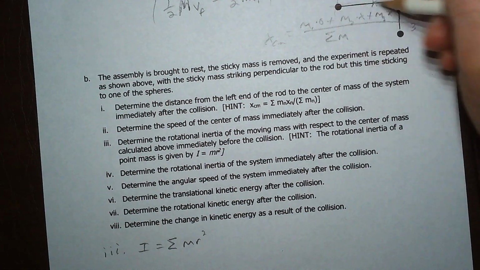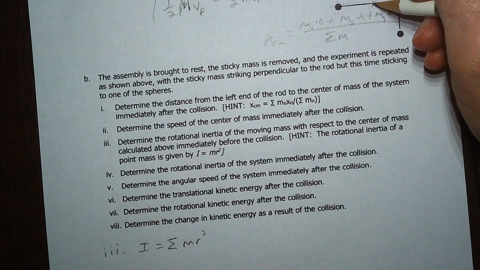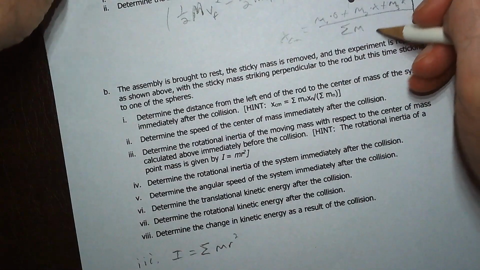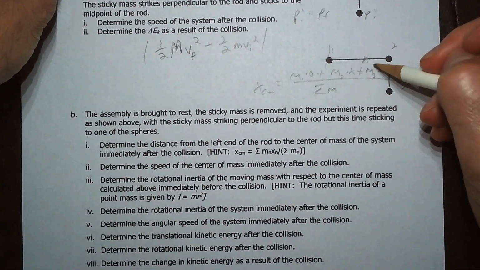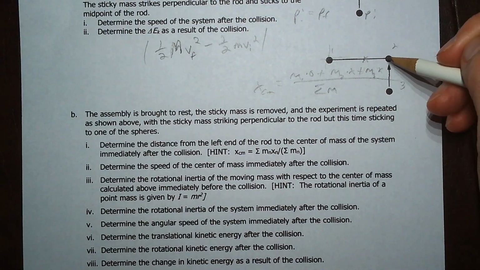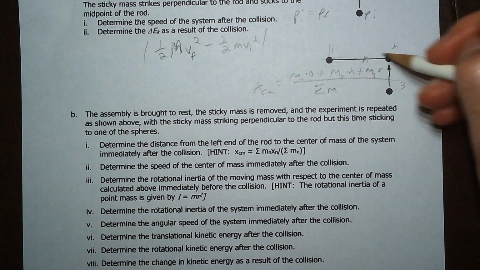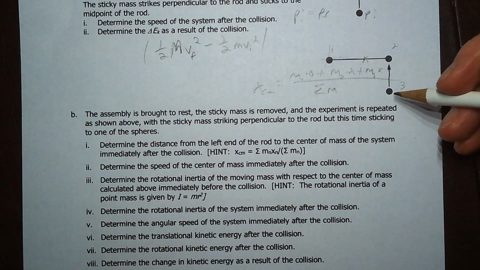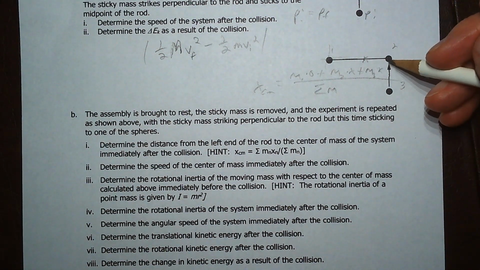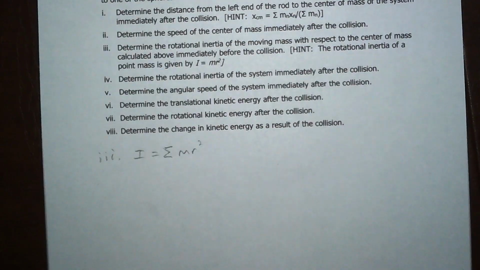Now realize the whole thing's 0.5, so if you know this distance, subtract 0.5 minus this distance to give you this distance. So this mass times this distance squared, and then finally this mass times the same distance squared. Sum all those up, and that'll be I.